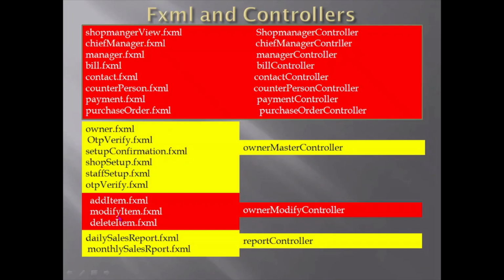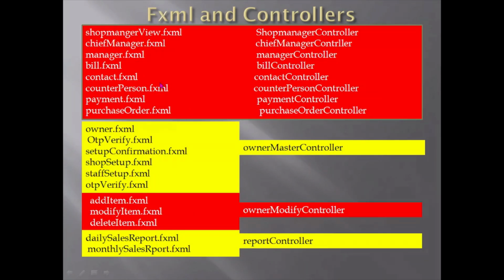For addition of an item, modification of an item, and deletion of an item, we have combined these 3 fxml files in this controller. And for the purpose of making reports, the views of report have been combined in this report controller.